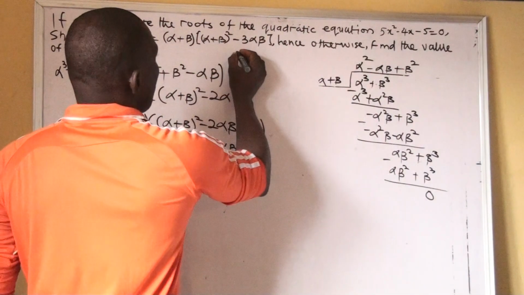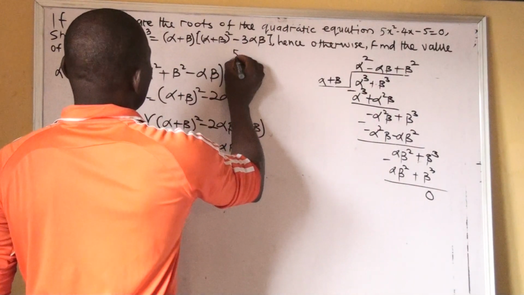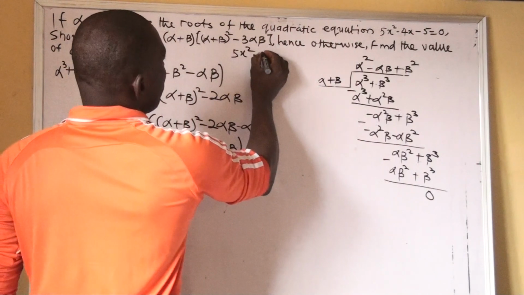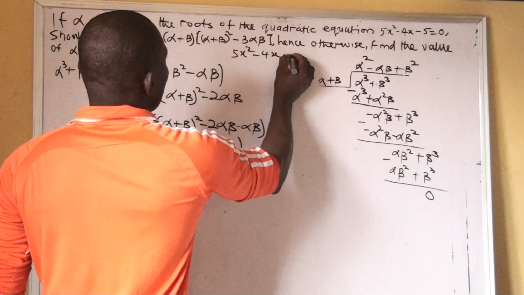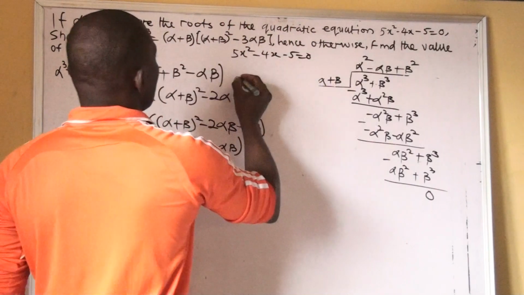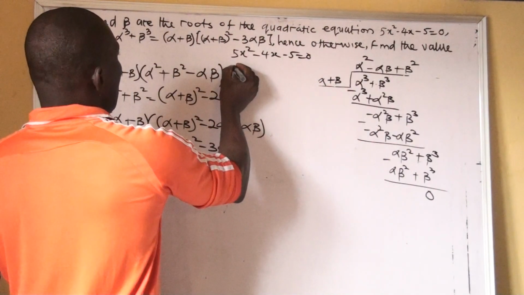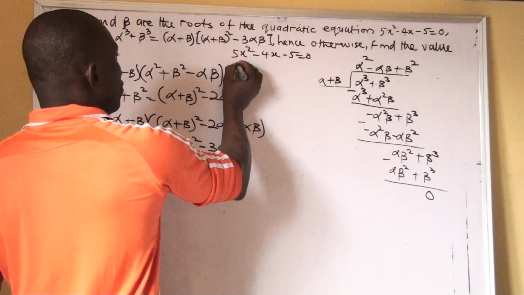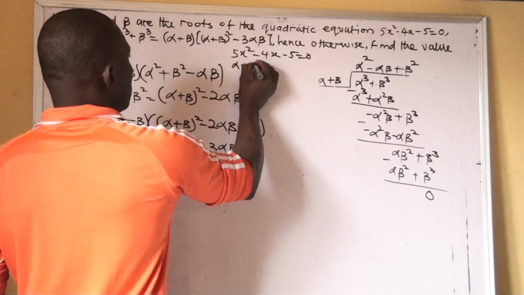Then first, the given equation is 5x squared minus 4x minus 5 equals 0. Now the first thing we do here, we find the sum of roots, alpha plus beta.